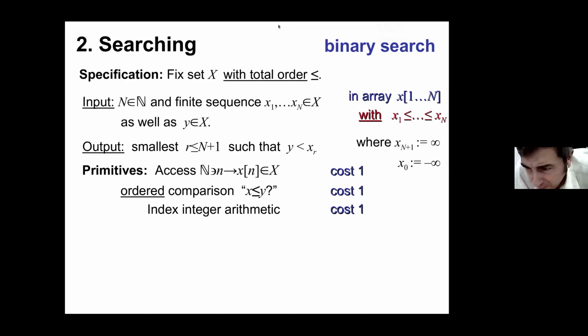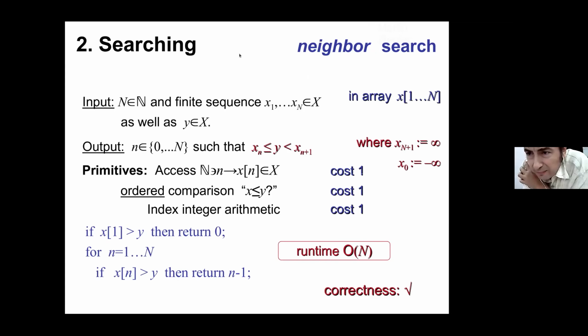In order not to have problems, we said we make a large final element and a small initial element, so that there is always an n which satisfies this, so that there is an output. But if the array is not sorted, this is ambiguous. So this is also something that I said you have to consider: is the output unique? Because if the output is not unique, then you may have different algorithms which are both correct and give different outputs.